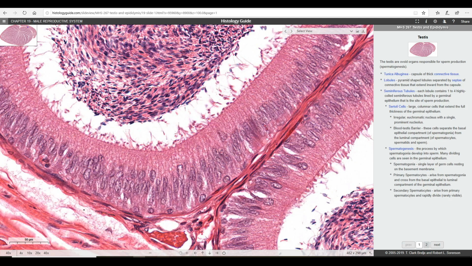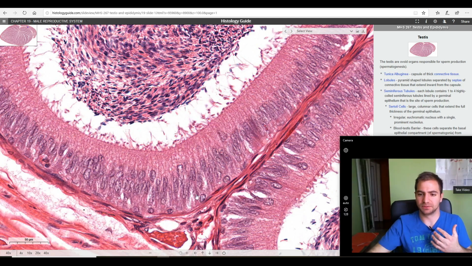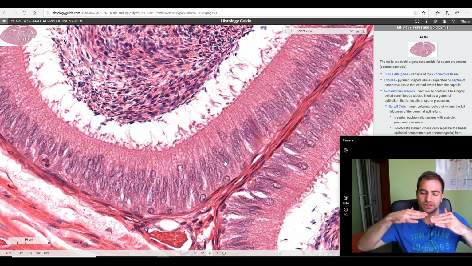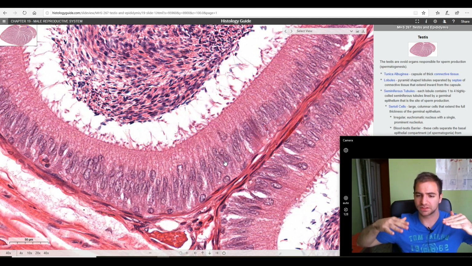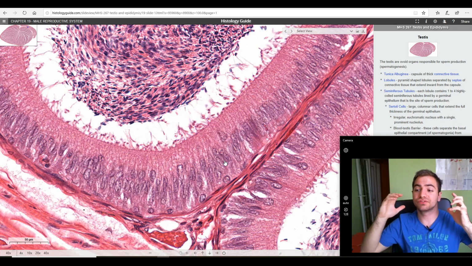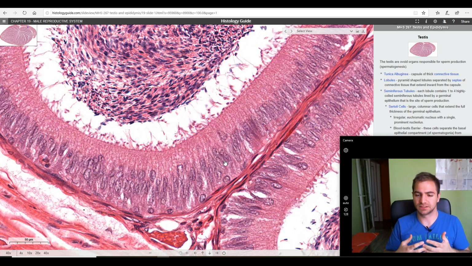Because we actually see these two different cells, the basal cell right here and the columnar cell, the first thought is that there are two different layers. The first layer is that of the basal cells, and the second on top is the columnar, which is false. Why? Because both of these cells are actually one layer.